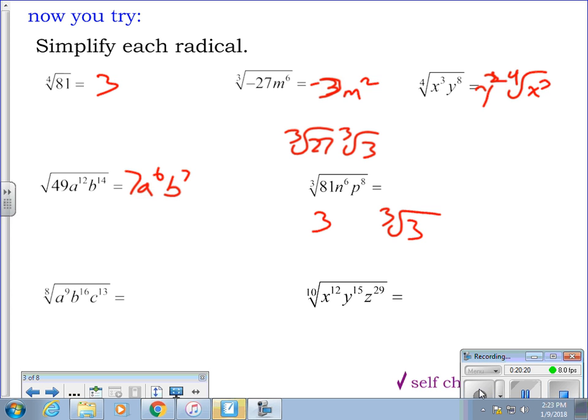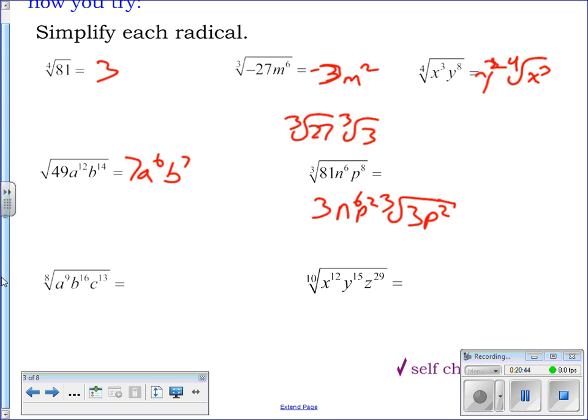Okay. N to the 6, that's easy. 6 divided by 3 is 2, so that's n squared. Okay. And then p to the 8th, 8 divided by 3 is 2 with the remainder of 2. So that means I have a p squared outside and a p squared still inside.